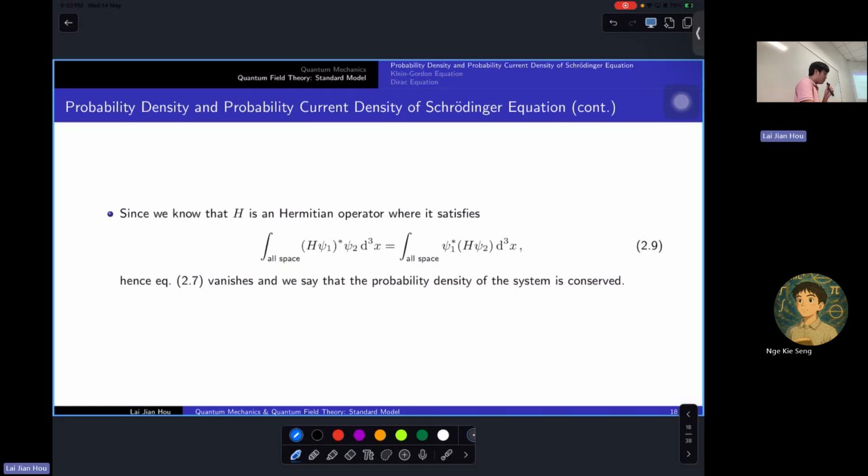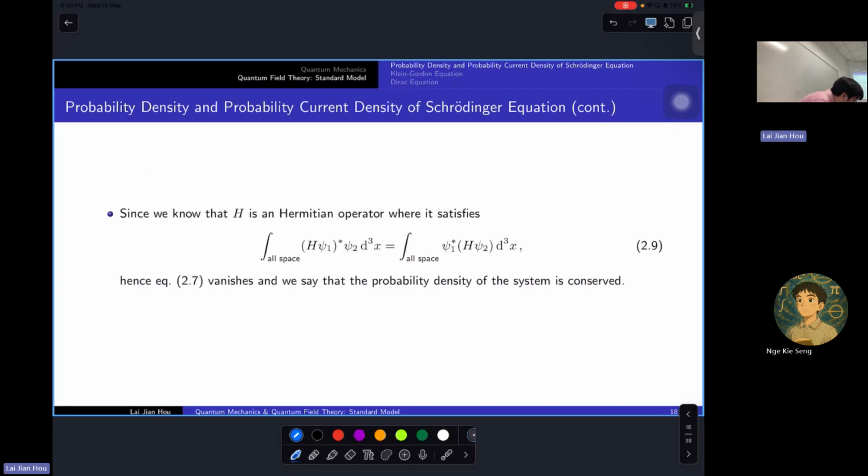And we want to recall back for the Hermitian operator in the wave function. The Hermitian operator satisfies this integral, writing it in the Dirac notation.